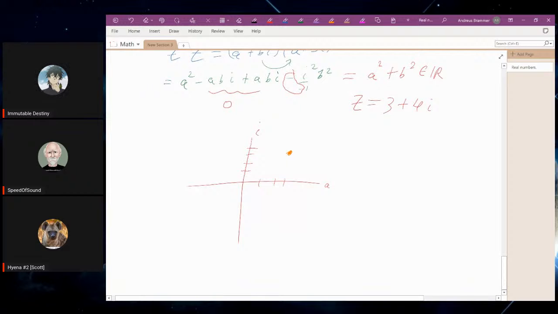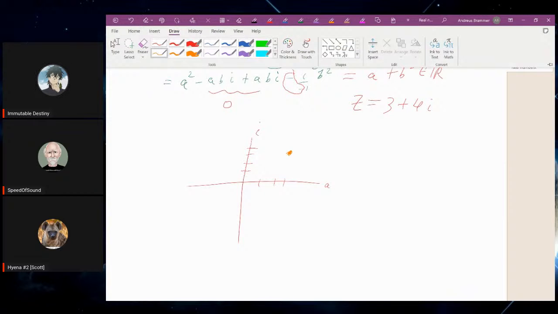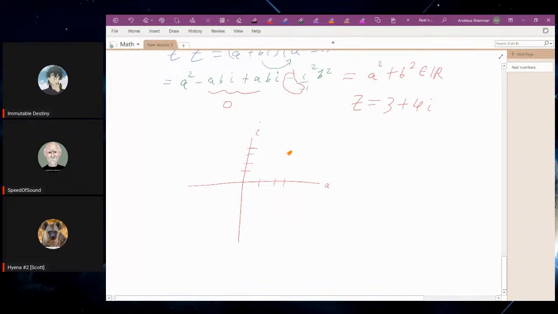Well, okay, that's good. Now, we can think about that as being, we had 3 of something in terms of our real part, and we also had something being imaginary with respect to this part.